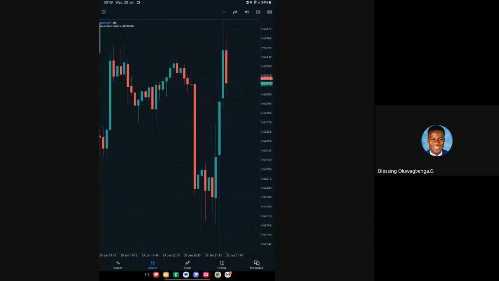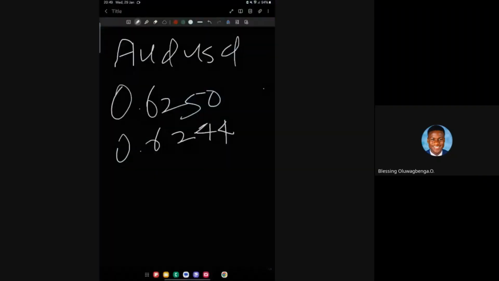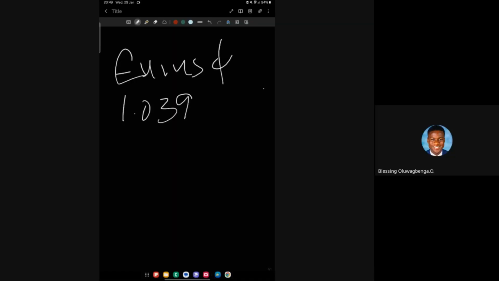So if I want to calculate my pip, for example, let's say EU, that's Euro USD. Let's say it moves from 1.0397 to 1.03860.